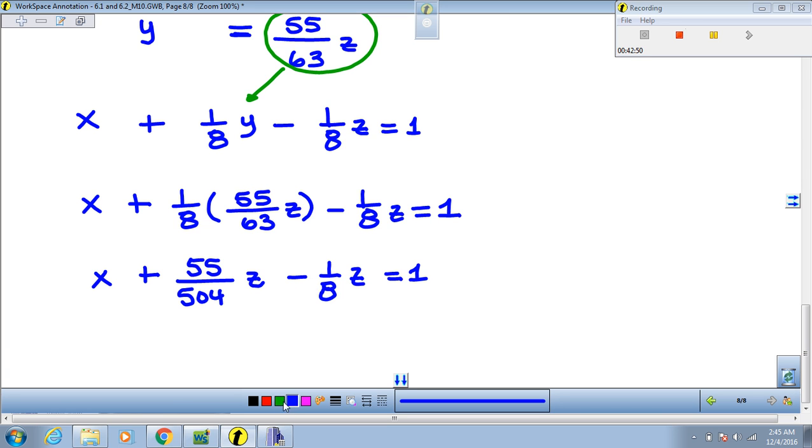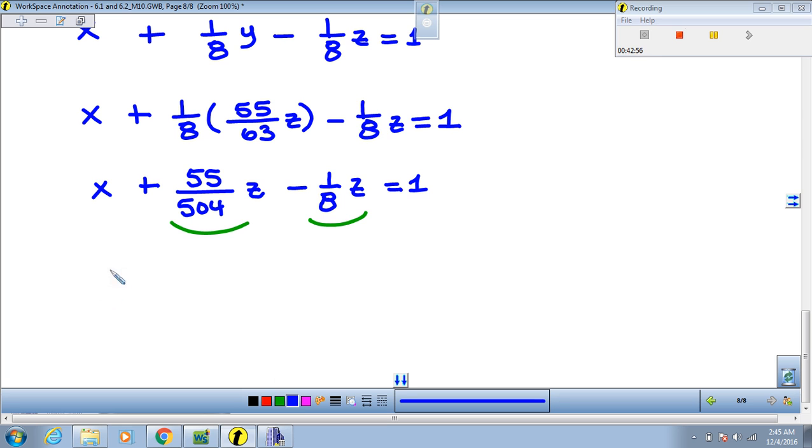So combine like terms, these two. You can do in the calculator 55 over 504 minus 1 over 8. Just make sure you use parentheses around the two fractions. If not, you may get something different. So x minus 1 over 63z is what you're going to get out of combining those two, equals 1. So solve for x, don't solve for z.